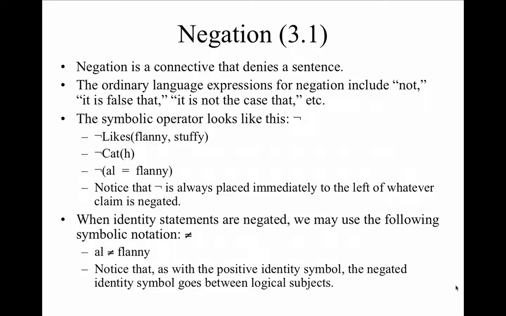We can articulate the negation of an identity statement either, as you see in the third example, It's not the case, parenthetical, Al is identical with Flanny, close parenthetical. We also have in our notation toolbox the identity symbol with a cross through it. That slash tells us that it's not the case that X and Y are identical.